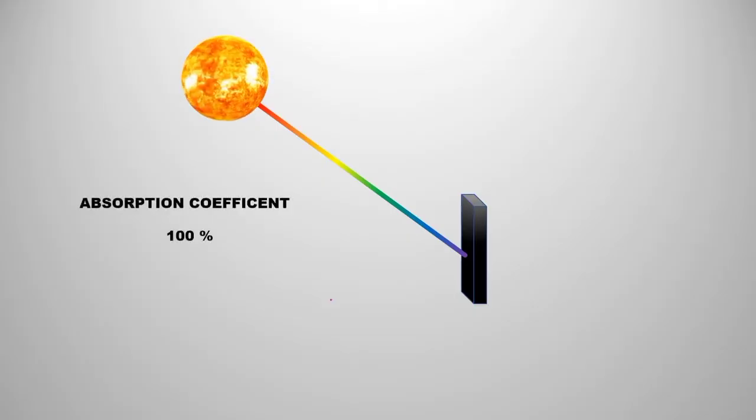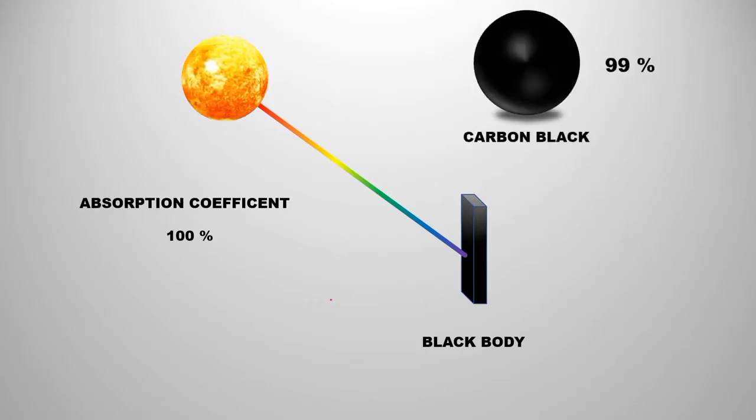If 100% of the radiation incident on an object is absorbed, it is called a perfect blackbody. The absorption coefficient of such an object is 100%. In an ideal case, a blackbody can absorb the radiation of all types of wavelengths. Carbon black is an object that can absorb 99% of the incident radiation.